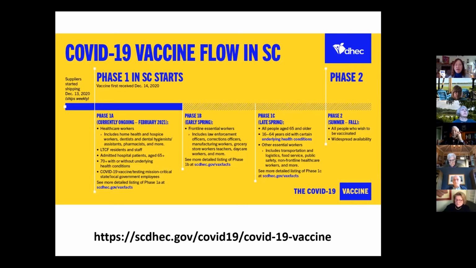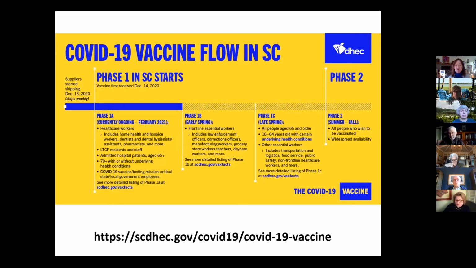When they met, they advised phase 1A be those healthcare workers, long-term care facility residents and staff, but that phase 1B be frontline essential workers. And we talk a little bit about how to define that. And then they recommended that phase 1C be people who had those underlying medical conditions that placed them at increased risk, and people age 65 and older. We're looking at that more closely in South Carolina.